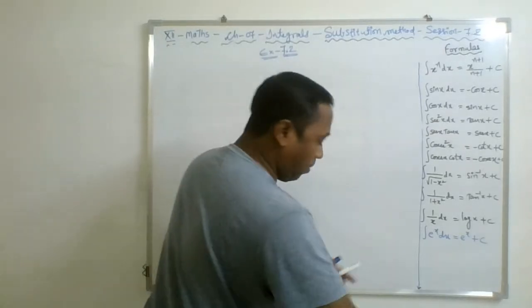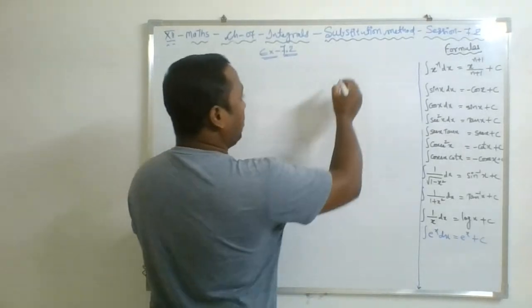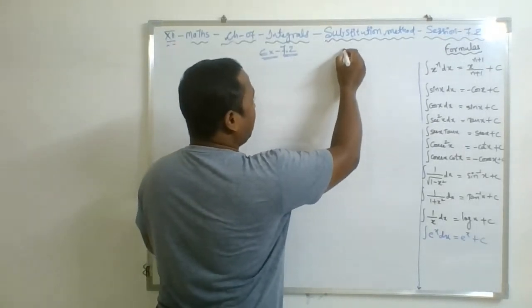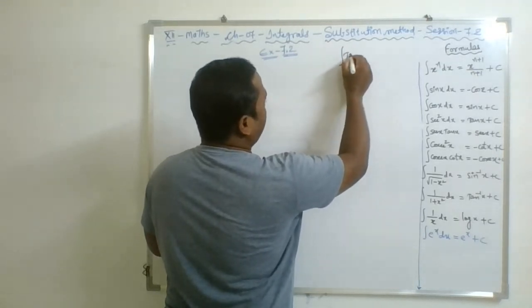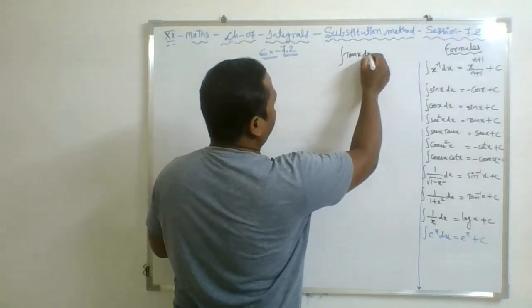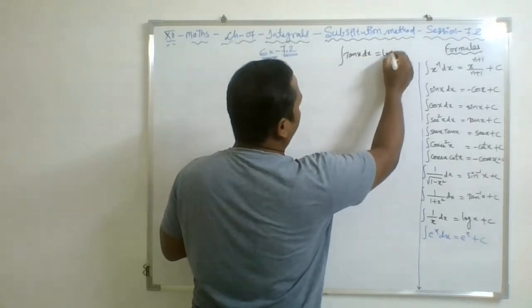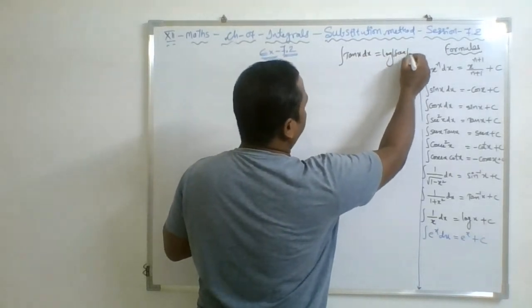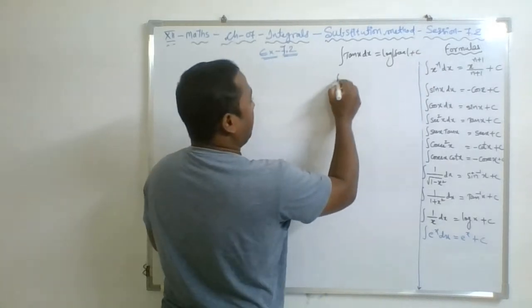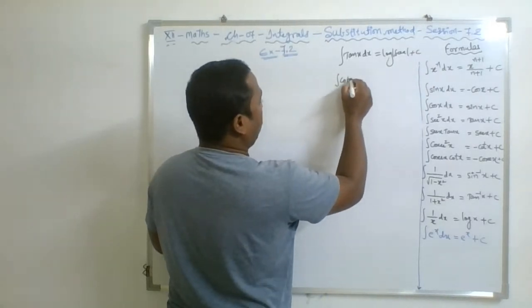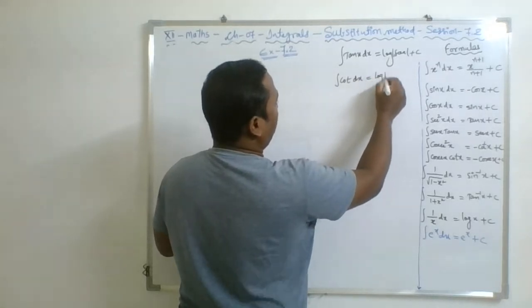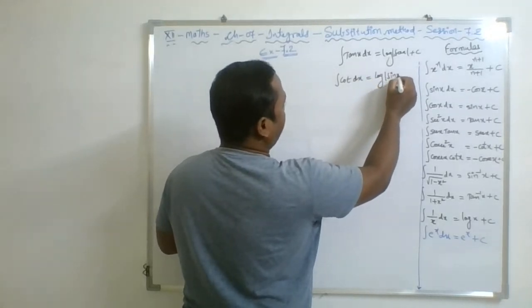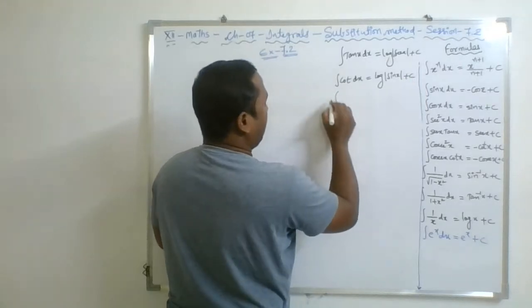The four formulas which we have derived today, I'm just listing them. Integration of tan x is log of sec x plus c. Integration of cot x dx is equal to log of sin x plus c.